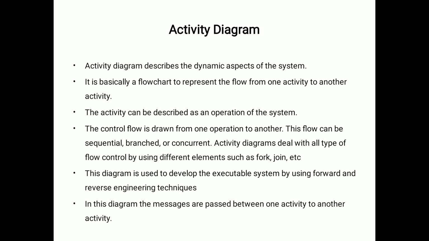Activity diagram deals with all types of flow control by using different elements such as fork, join, etc. This activity diagram is used to develop the executable system by using forward and reverse engineering techniques. In this diagram, the messages are passed from one activity to another activity.